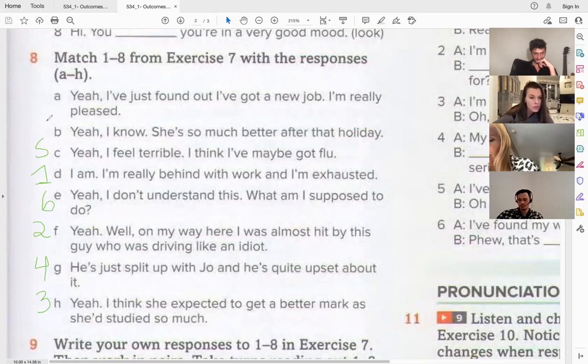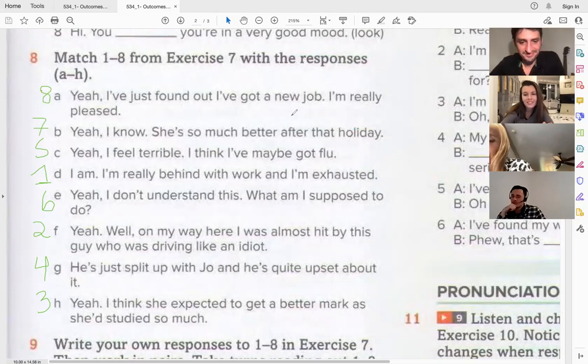She's so much better after that holiday. Good. And Ara, next one. Hi, you look like you're in a very good mood. Letter A. Yeah, I just found out I got a new job. I'm really pleased. Awesome.